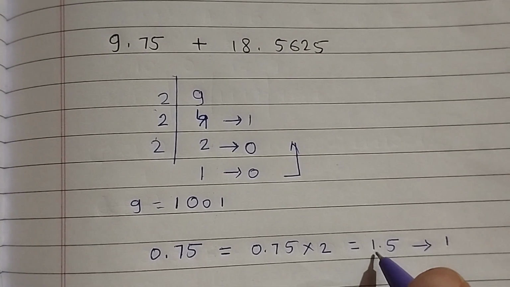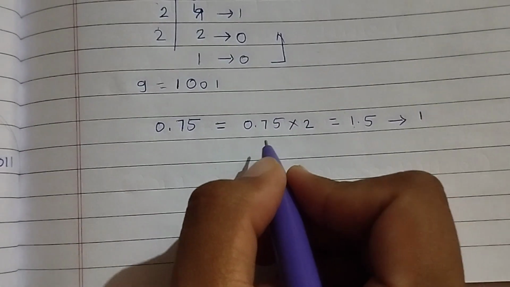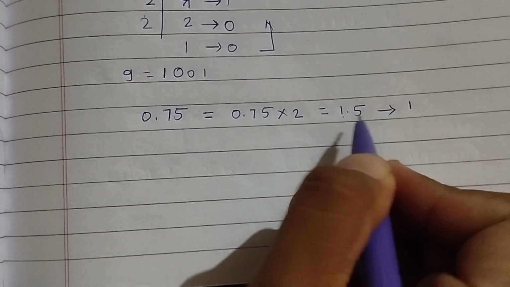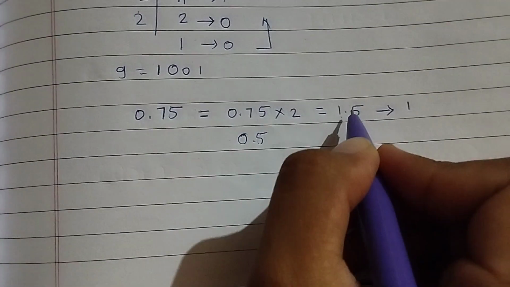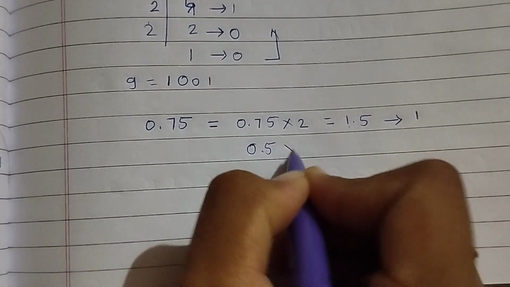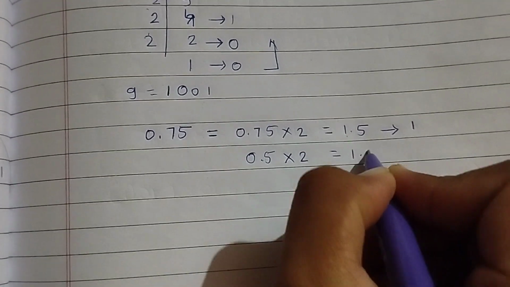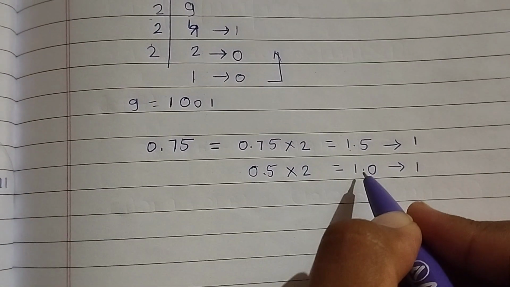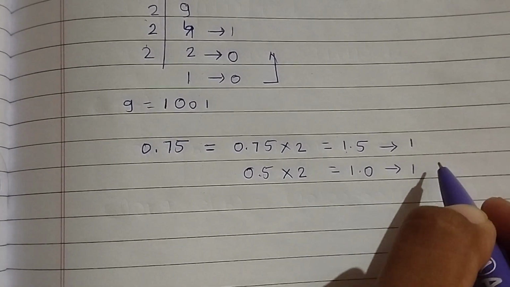Here now 1 is before the floating point, so we write 1. Now the numbers present after the floating point, write them as 0.5 because after the floating point only 5 is present. So multiply this 0.5 by 2. So this is now 1.0. Now the number which is before the floating point, write it in front of the number.